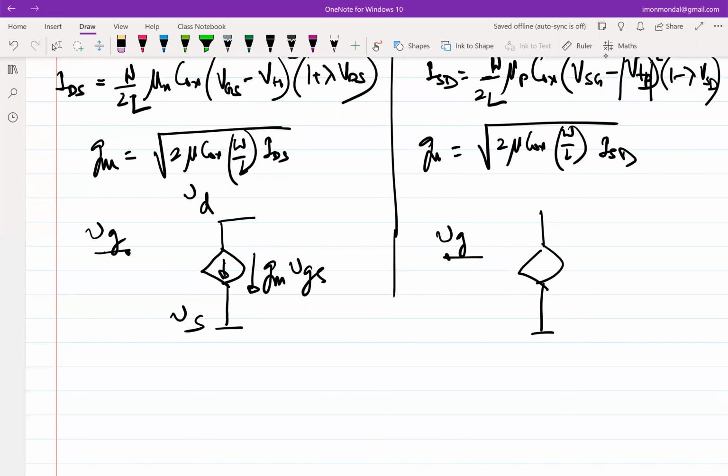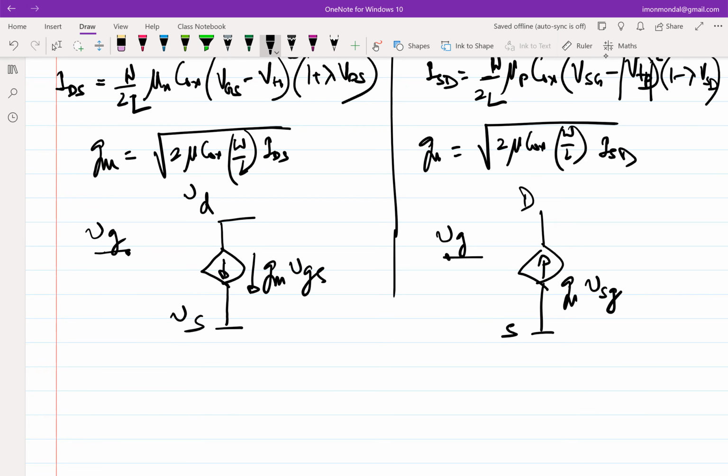We say that, okay, let me mark it like this. Let's say this is drain, this is source, then this becomes gm times minus VGS. But we don't like to see minus signs and all those things because it messes with the head. So what we essentially say is that we'll just flip the direction and make it gm times VSG. But again, we are not particularly comfortable with current going from bottom to top.